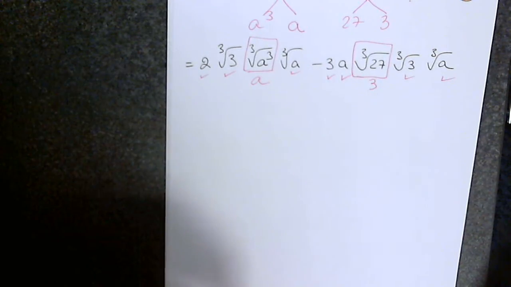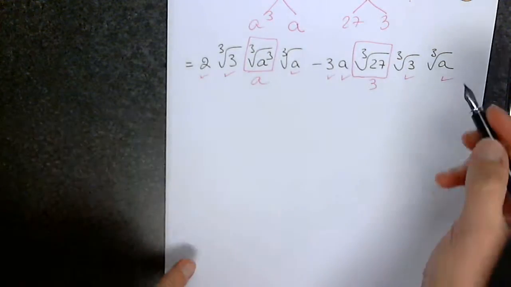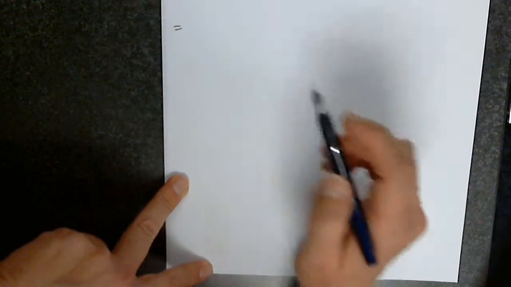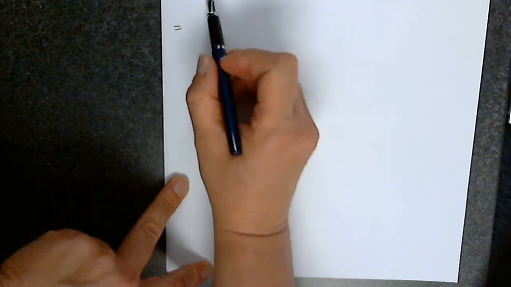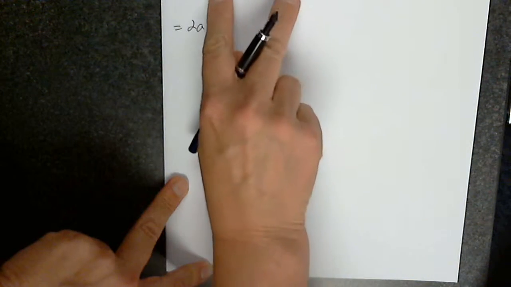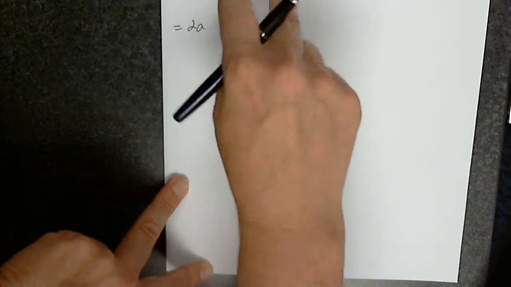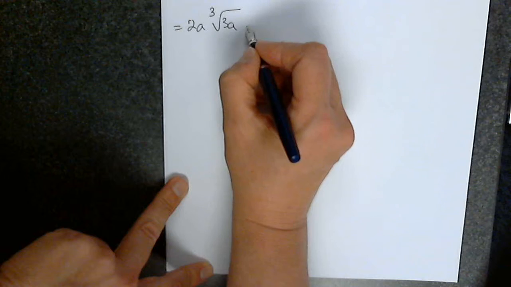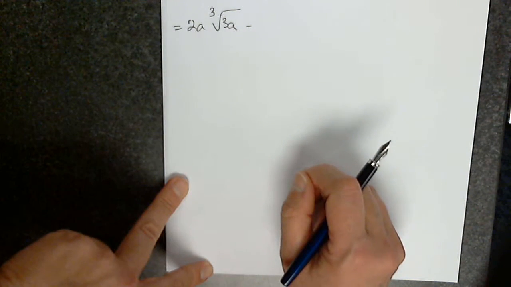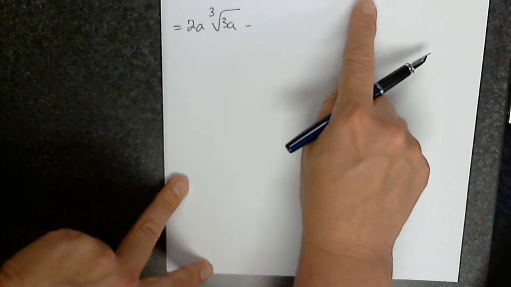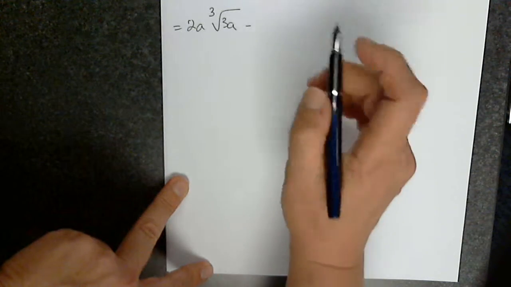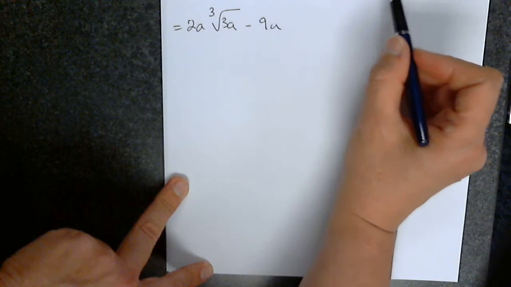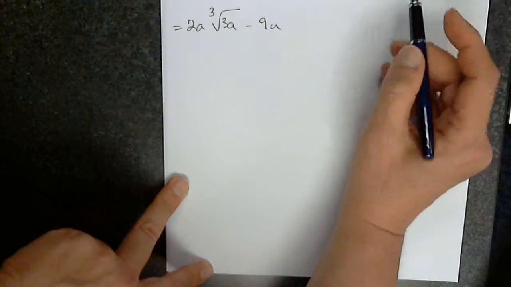Can anyone give us the first radical fully simplified? Two a, very good. And now these two together. The cube root of 3a, excellent, minus 9a, and these together.